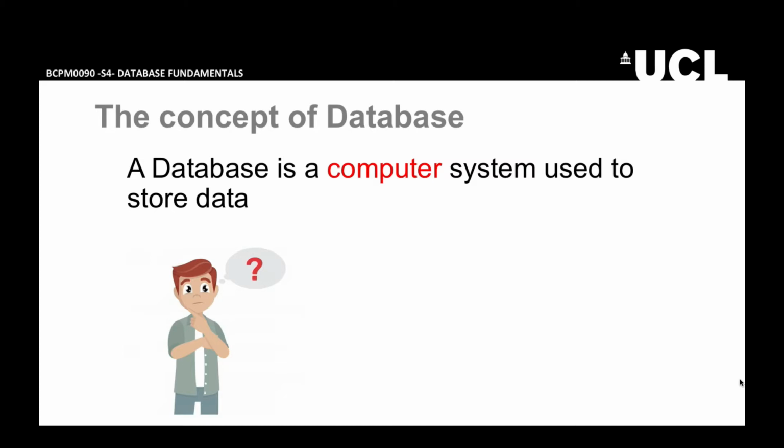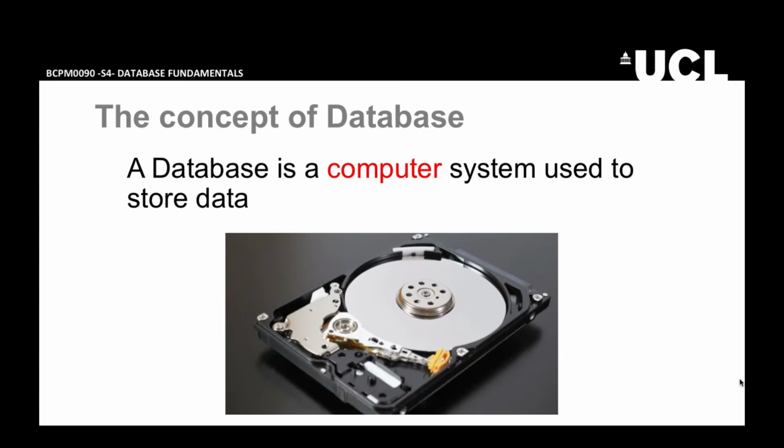So we should include the term computer to complement system in order to make the definition more comprehensive. But even including computer system for the definition of database, this is still incomplete because according with this definition, we could include a hard drive as an item that could fit with this definition.